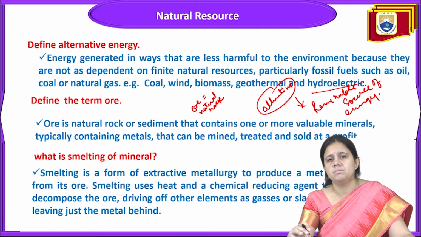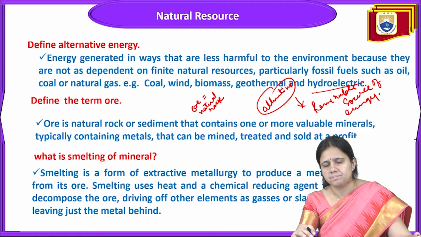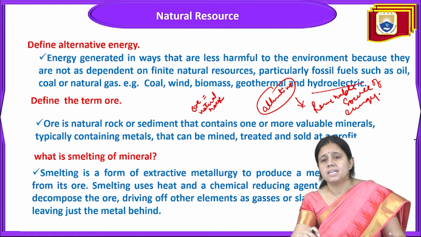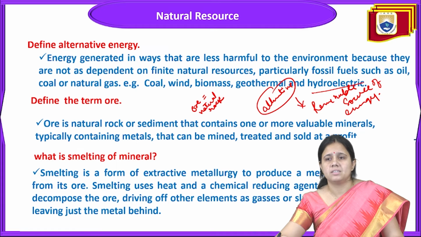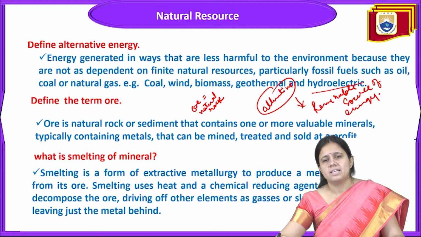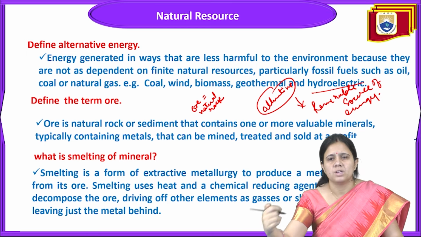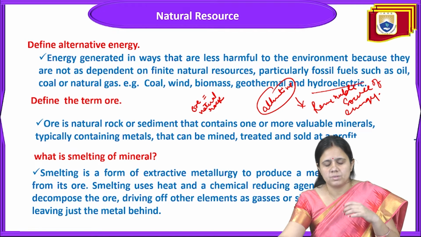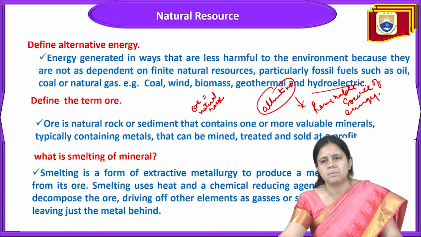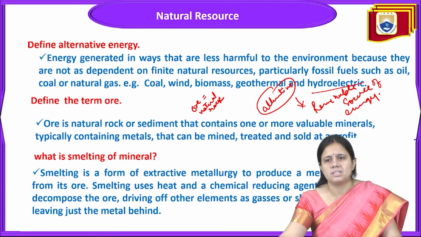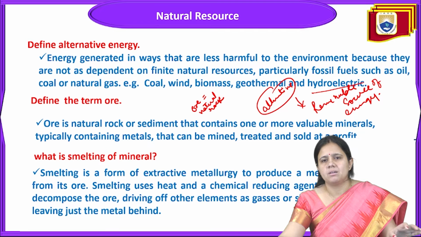The next term is smelting of mineral. Smelting is a form of extractive metallurgy used to produce a metal from its ore. Smelting involves the use of heat and chemical reducing agents to decompose the ore, driving off other elements as gases or slag and leaving just the metal behind.